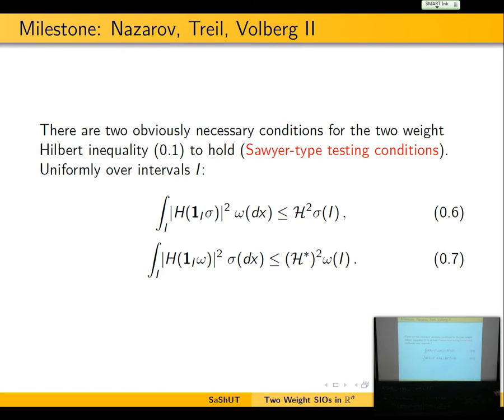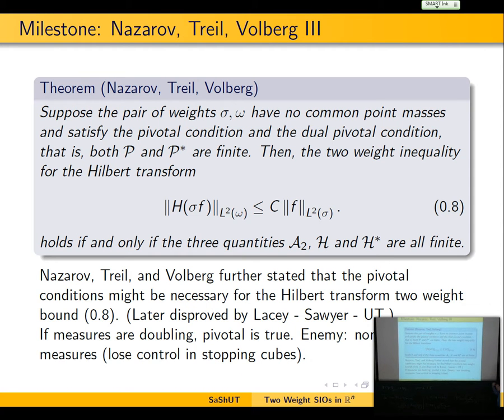This was a very important milestone, and actually it's now embedded in the actual proof, but they're going to be removed as assumptions soon. So now the two-weight norm inequality for the Hilbert transform holds if and only if you have A2, testing and dual testing. And actually, the best constant is comparable to these three constants.